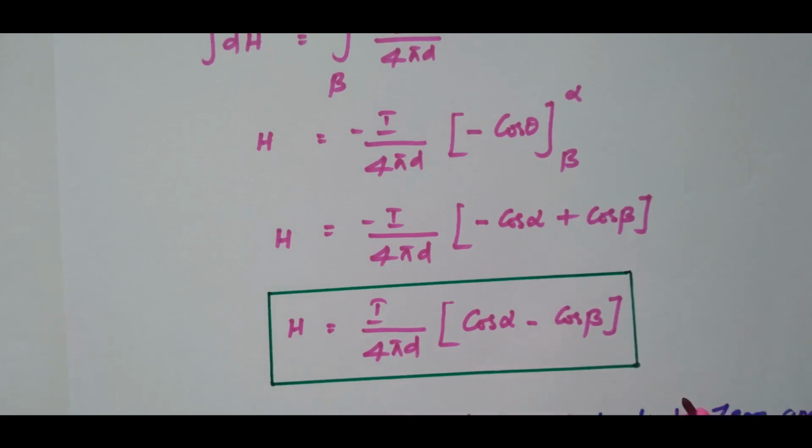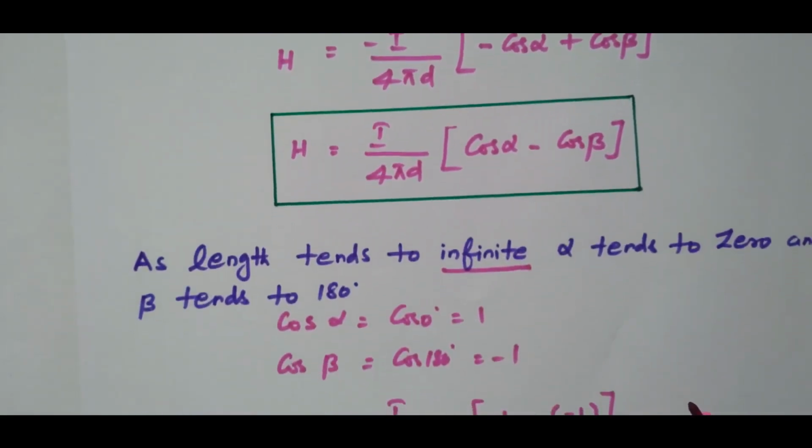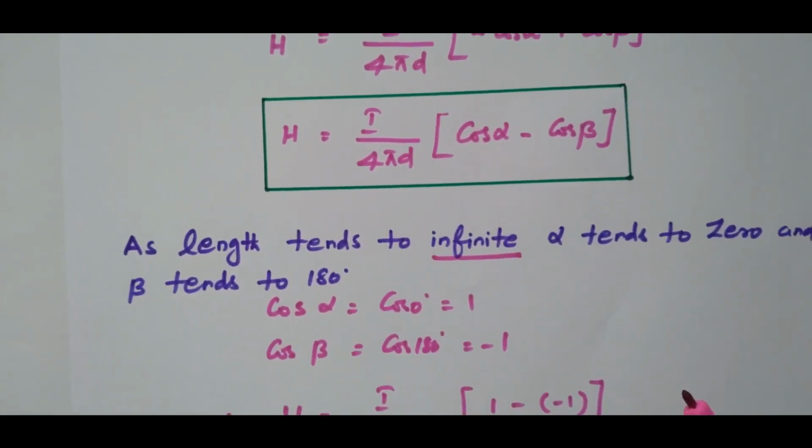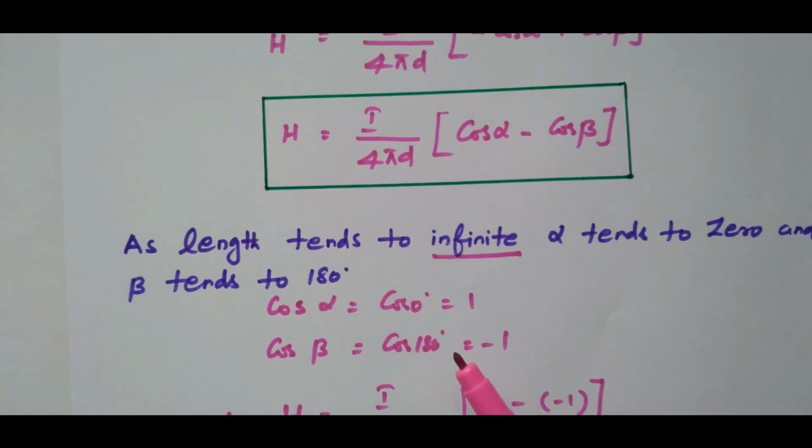In this one, a special condition is available. What we are assuming is a finite conductor AB, the length is finite. Suppose if it is infinite, what will happen? When the length increases, the angle alpha approaches 0 and beta approaches 180 degrees, right?